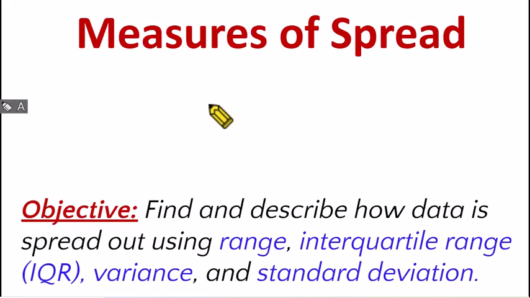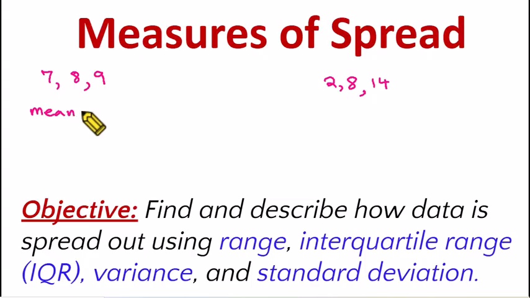Let's take the first data set to have the following numbers, 7, 8, and 9. And then the second data set to have 2, 8, and 14. Very small data sets. Now, for the first data set, if we calculate the mean like we did in that lesson, the mean is the average.